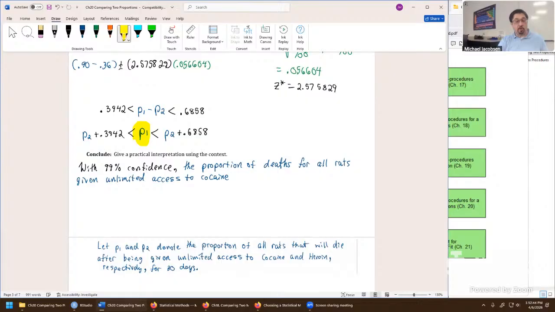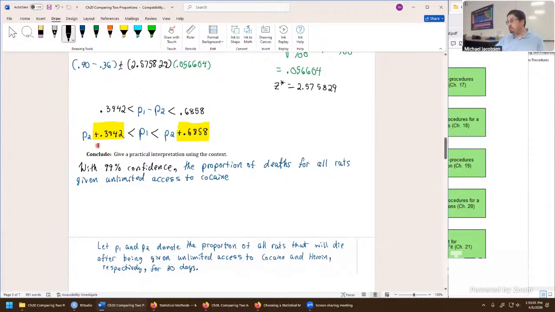So I read out the P1 part. Now we're going to say is from 0.3942 larger up to 0.6858 larger than the value for P2. Same rats, but unlimited access to heroin.